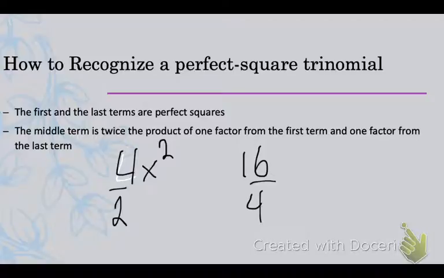And 2 times 4 is 8, and then you need to double that, so my middle term needs to be 16x. That's how you can recognize a perfect square trinomial.